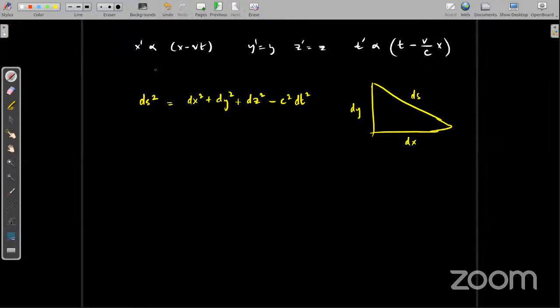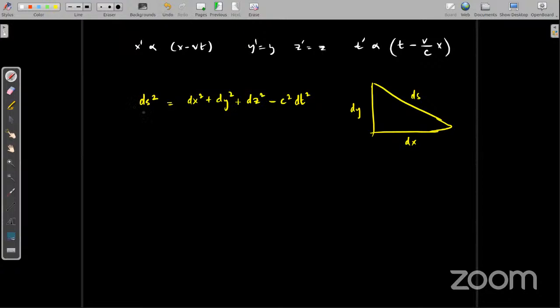If you read it by yourself, you'll realize that the minus sign is to preserve causality, so that the cause precedes effect. But for our purposes here, we'll just understand it as compensation to keep the speed of light constant.